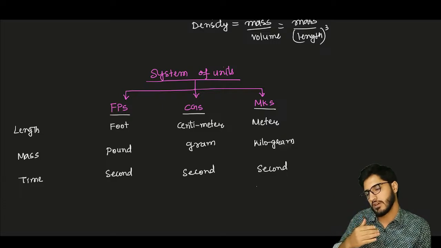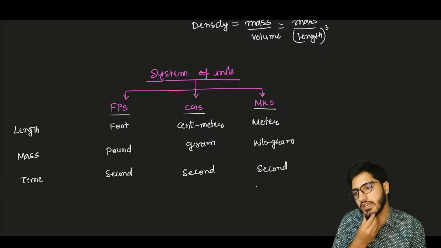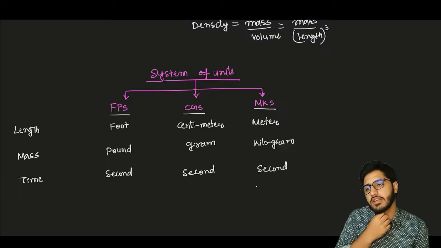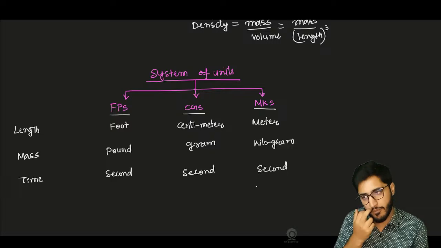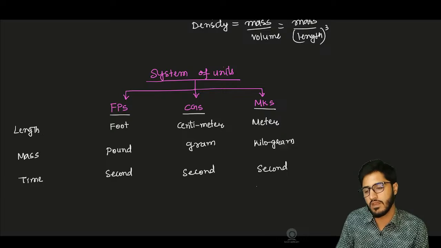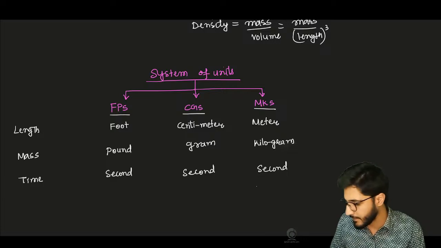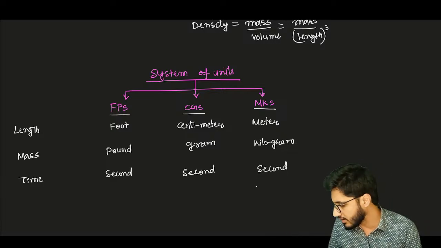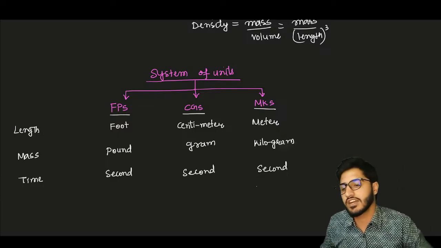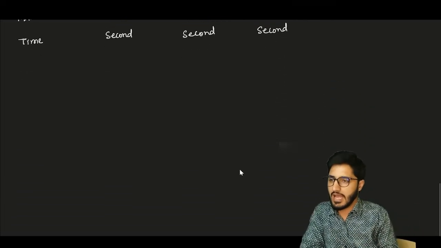But over the period of globalization, these three systems of units were discarded because it became very hard for people to convert between these systems for their business. So at the end, scientists introduced a universally accepted unit system known as the International System of Units.